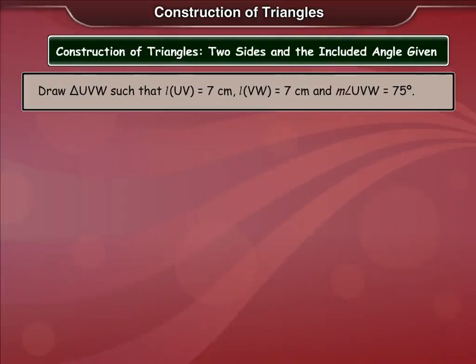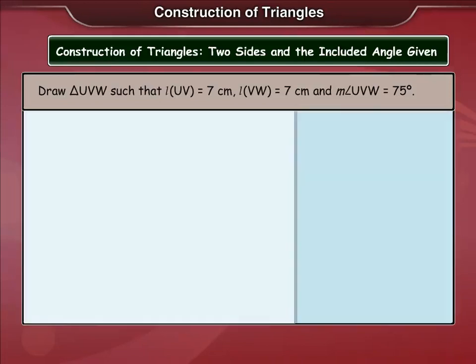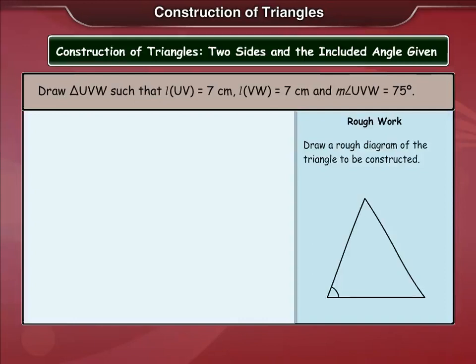Let's start constructing the triangle. Using a scale, draw segment VW of length 7 centimeters. Place a protractor at point V on segment VW to measure angle UVW 75 degrees.